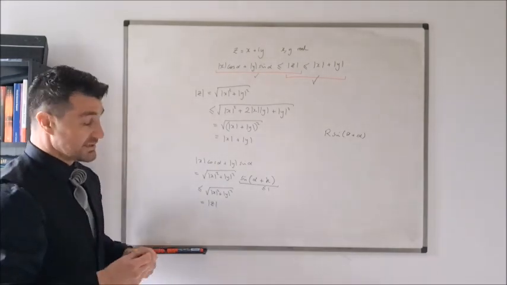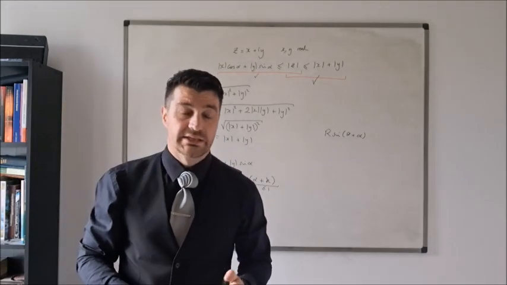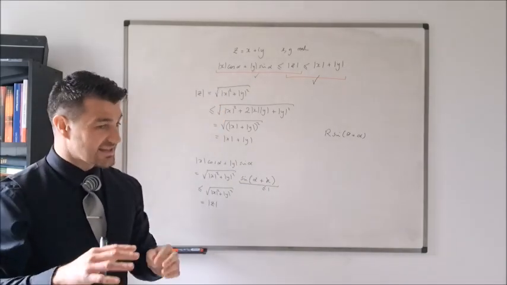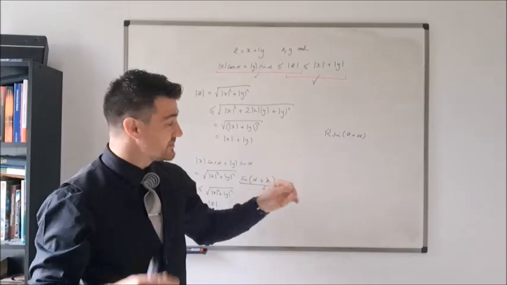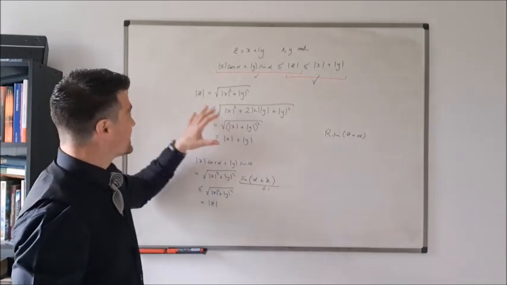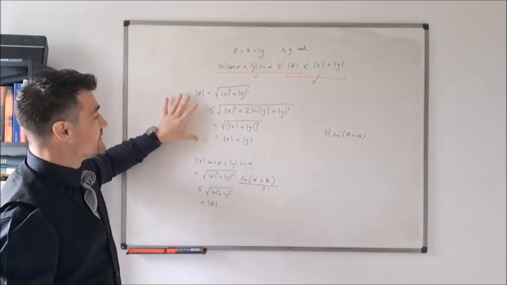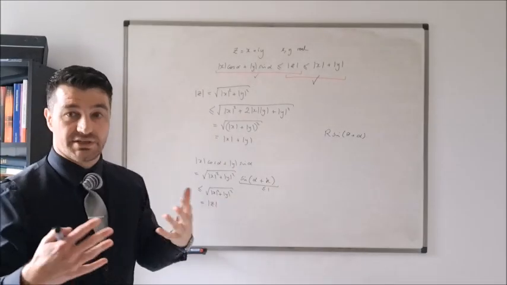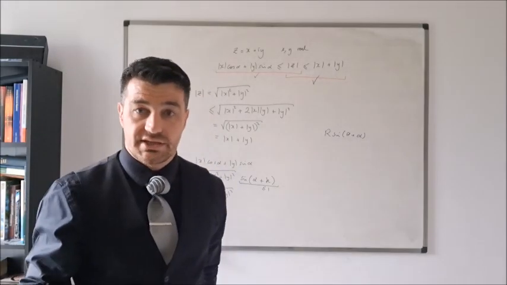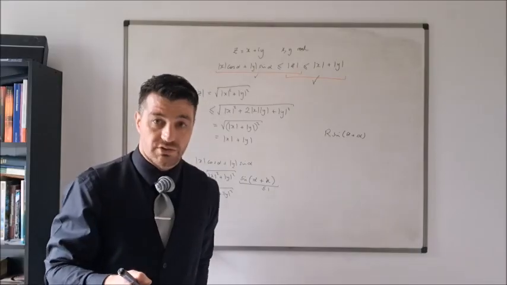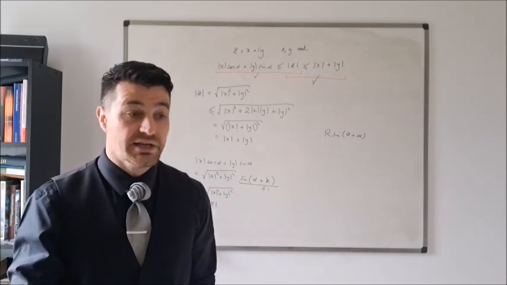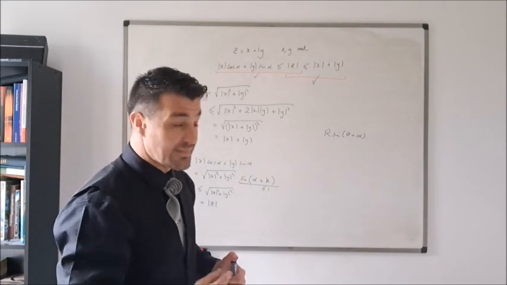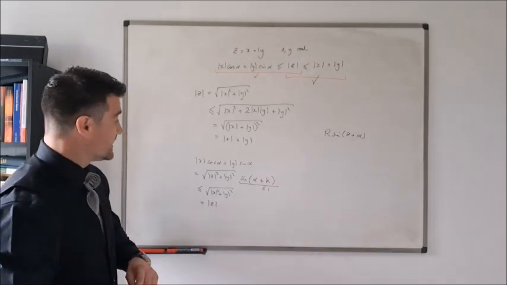Nice and easy. So the only thing that I had to kind of hang on for until it popped into my head was this, really. This I've done plenty of times before, this kind of thing. So this is kind of similar to the triangle inequality, which you might not come across too much at A-level now, but it's a very important inequality in mathematics, the triangle inequality.